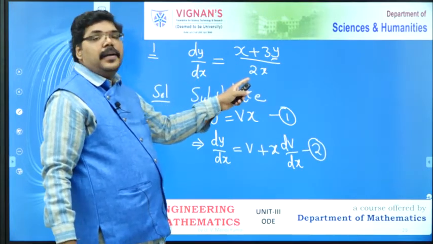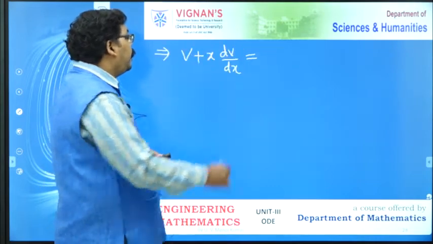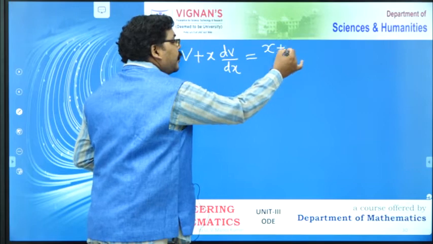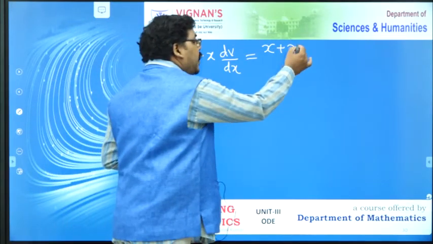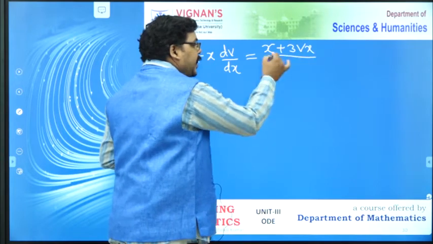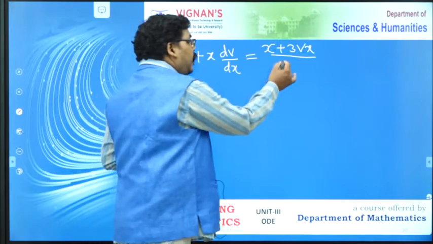On the right hand side we have x plus 3y, x plus, replace y with vx, and divided by 2x.